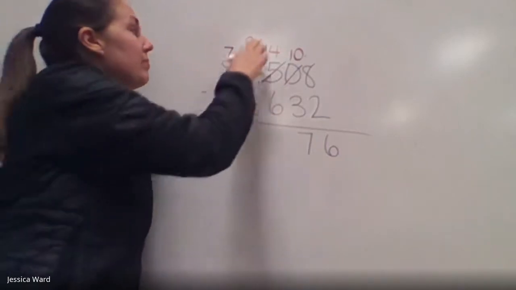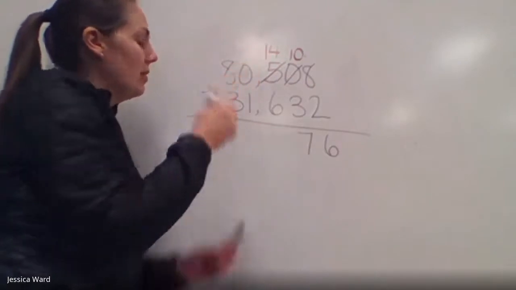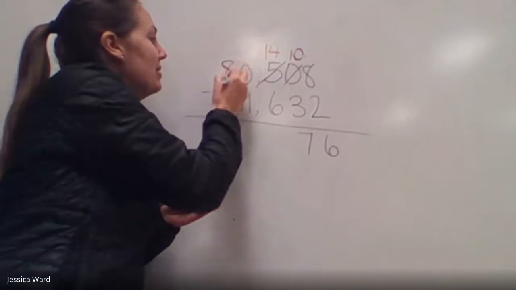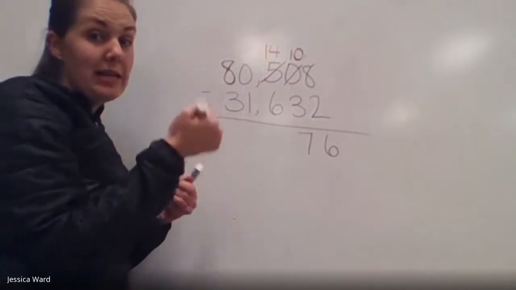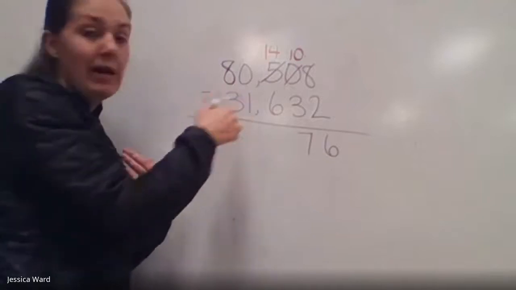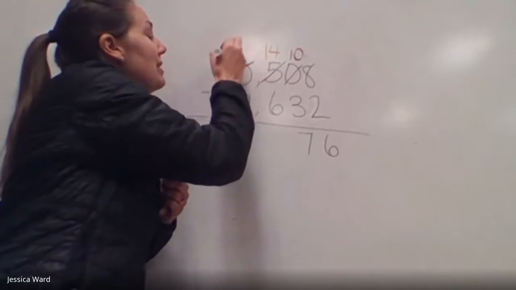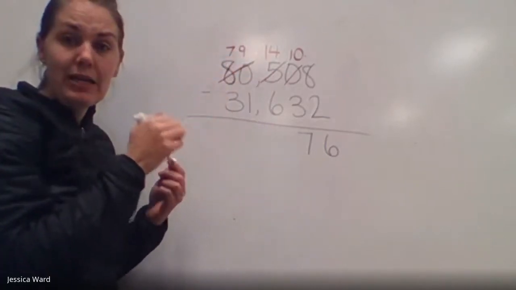Pause. Did anyone notice before we did all of this, if I have 80,000, I can think of that as 80,000 take away 1,000, right? Which would leave me with 79,000. 79,000 is 1 less than 80,000.